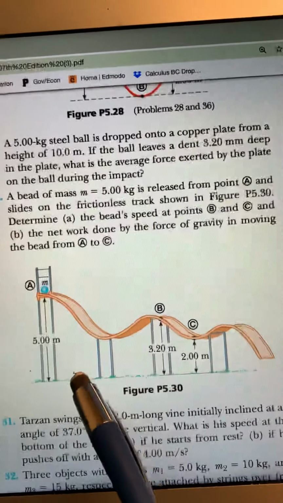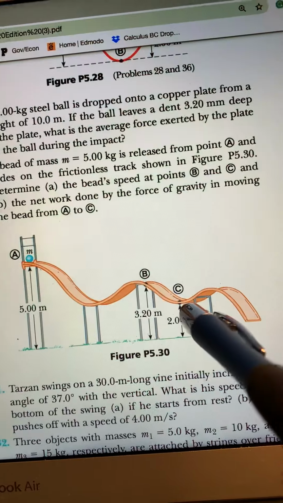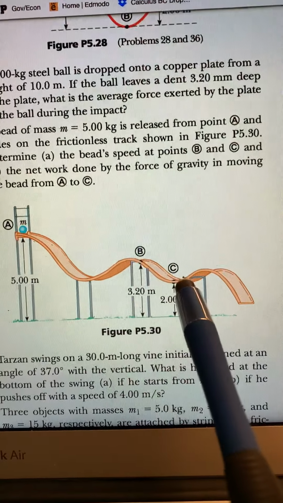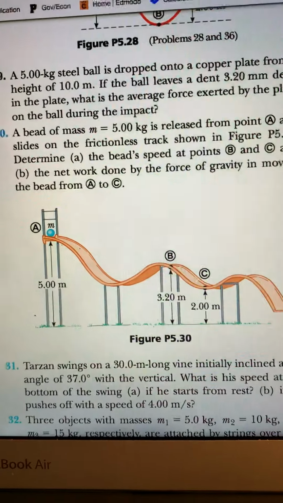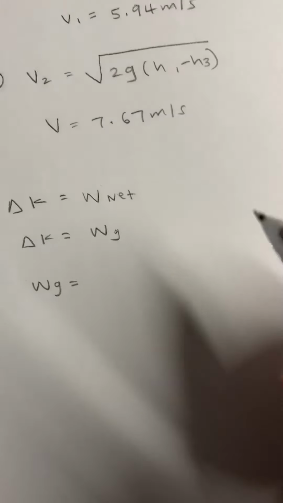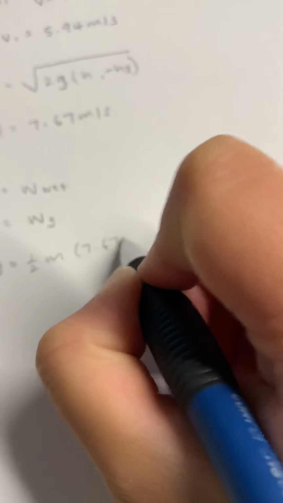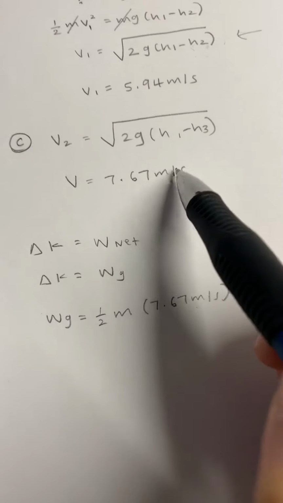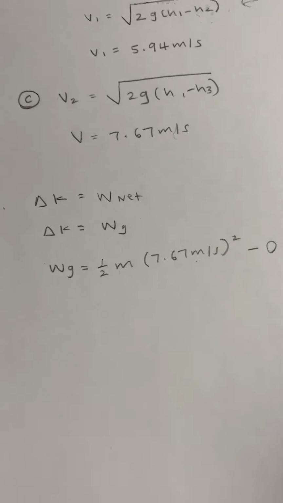The change in kinetic energy: it starts from rest, and the change in kinetic energy is final kinetic energy minus initial kinetic energy, so it's essentially just equal to the final kinetic energy, the kinetic energy at point C. That is equal to 1/2 m times 7.67 meters per second squared, which I got from the velocity at point C, minus 0, because it starts from rest.